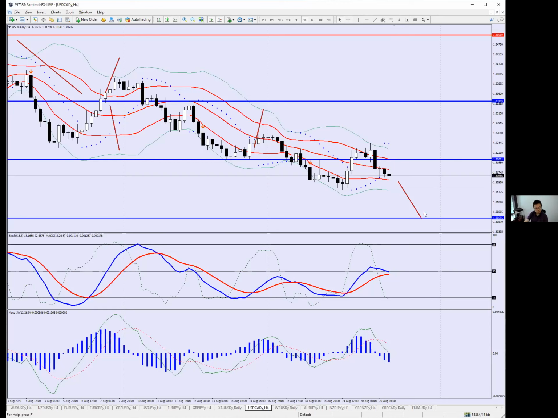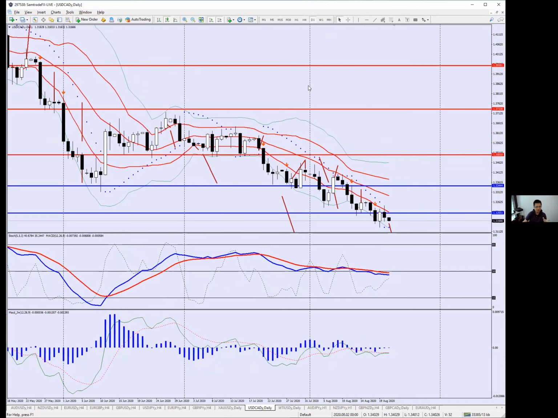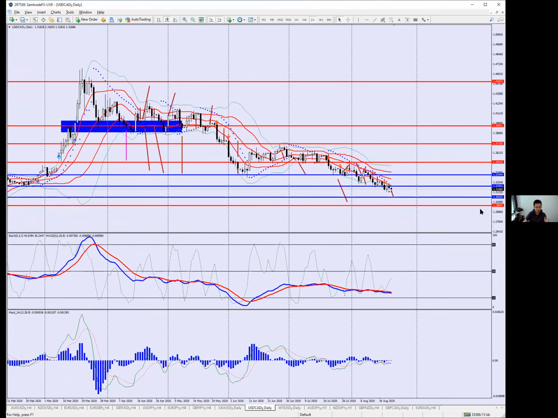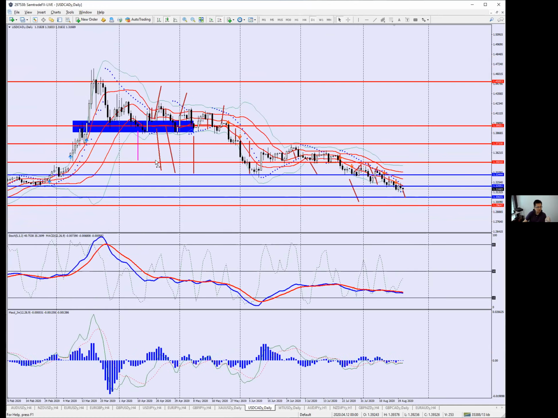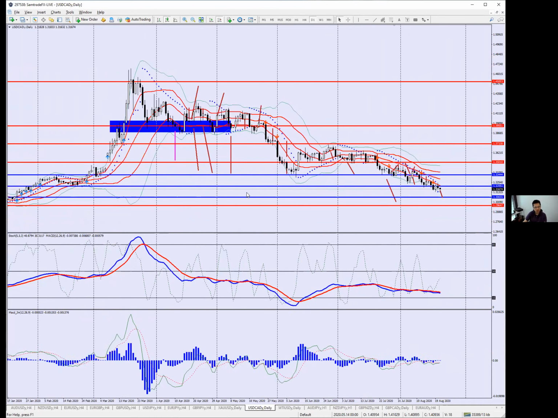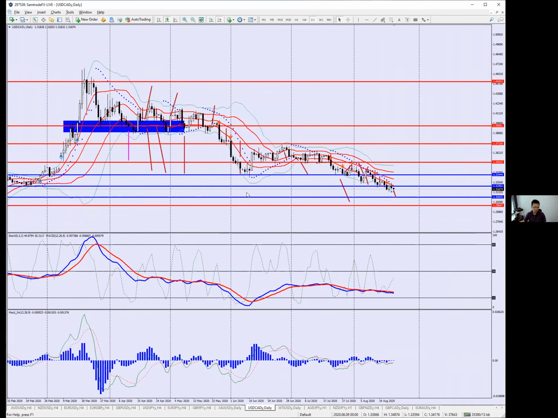But don't be too greedy at this point, because 1.3065 is a very low point. If I put it on the daily time frame and zoom out a bit, you can see that the last time it reached 1.3065 was back in January this year. So we are in August now, 8 months past, at a support level.